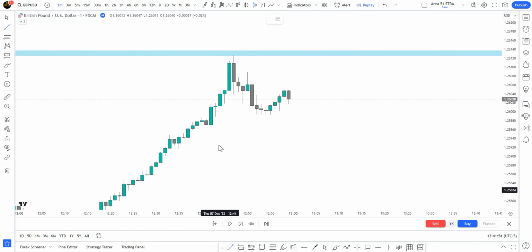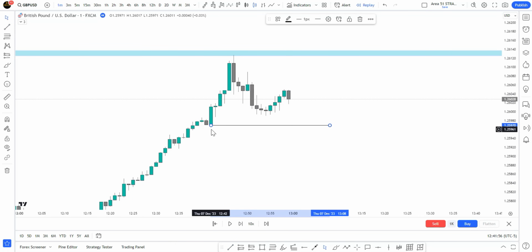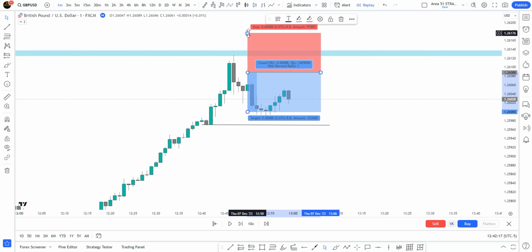All right, so here we can see that we have an area which is a pullback. We can see price moving up, creating a small mini pullback, and then creating a move to the upside, tapping on the 1-minute supply zone.